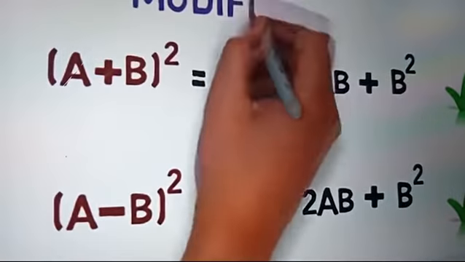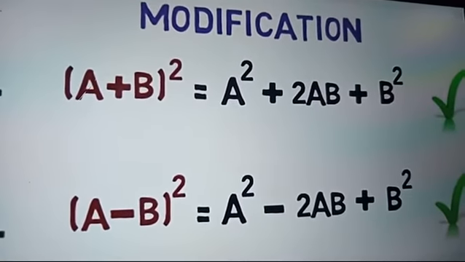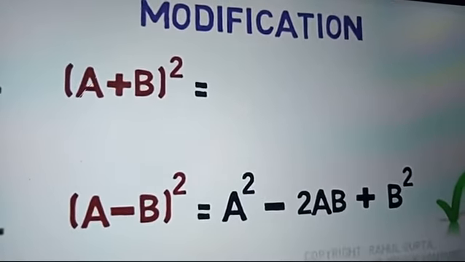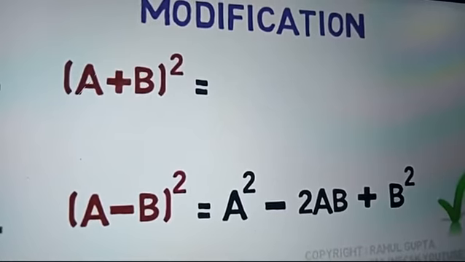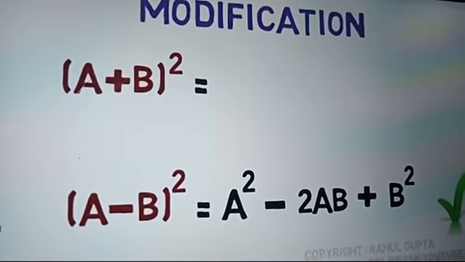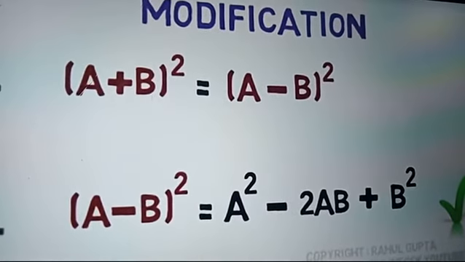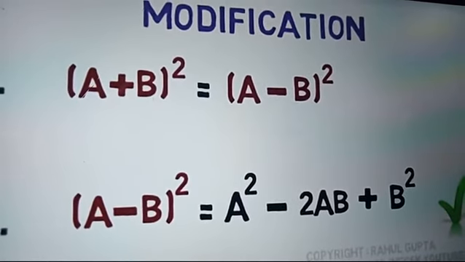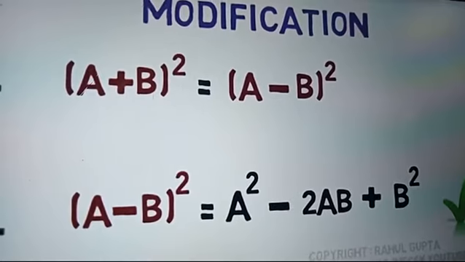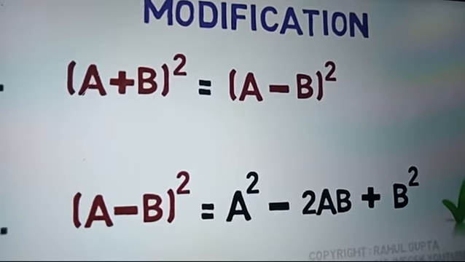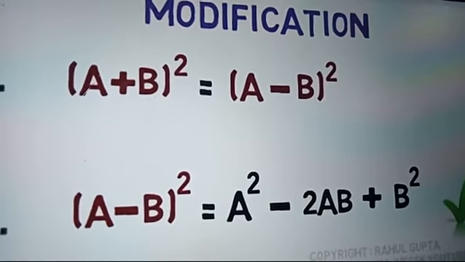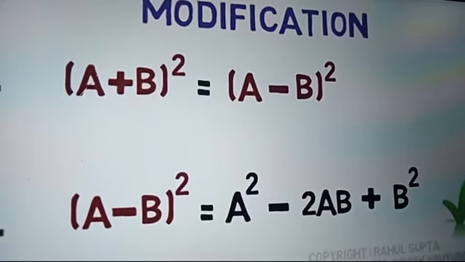Now let's try to modify the same formula which we had seen, which was (a + b)². If I try to write (a + b)² is equal to (a − b)², we need to do some modification so that this expression is correct, right? The first part, (a + b)², is equal to a² + 2ab + b².